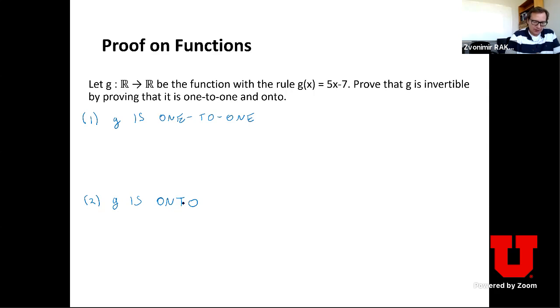Okay, so how do we prove that g is 1-to-1? So here's the structure. Let x, y, elements of the domain, be given so that g of x is equal to g of y.